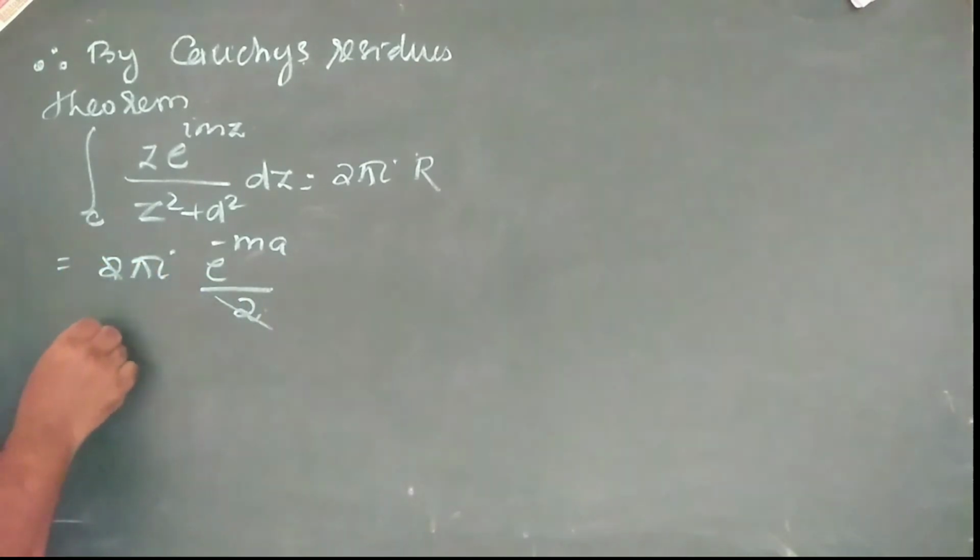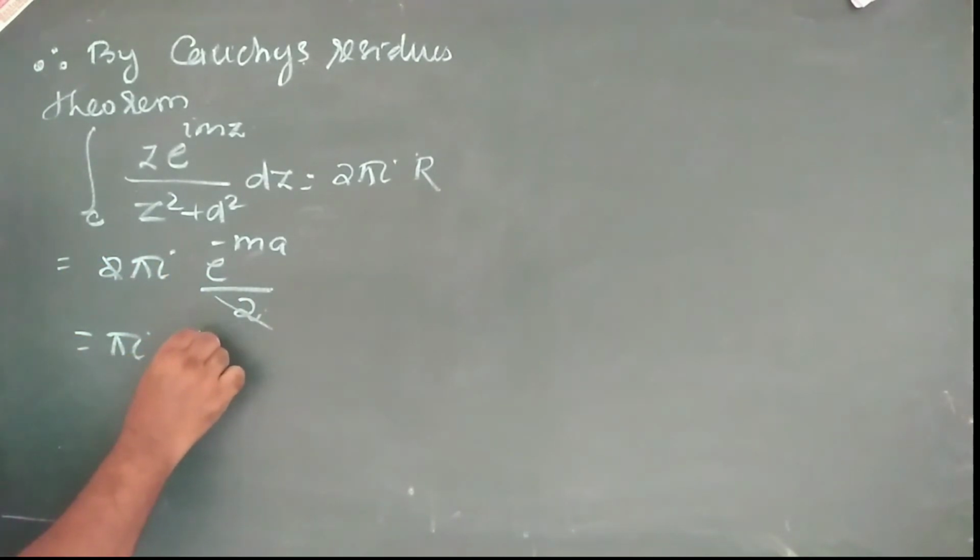So this 2 cancels, that is pi i into e raised to minus ma.